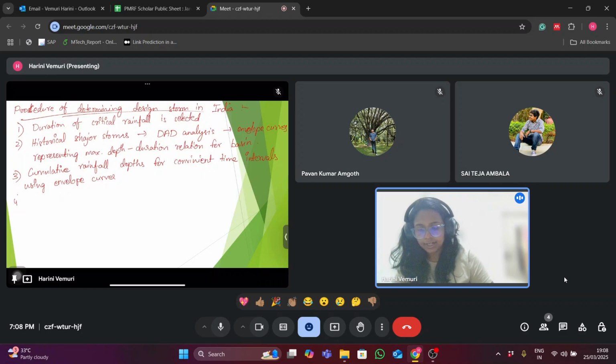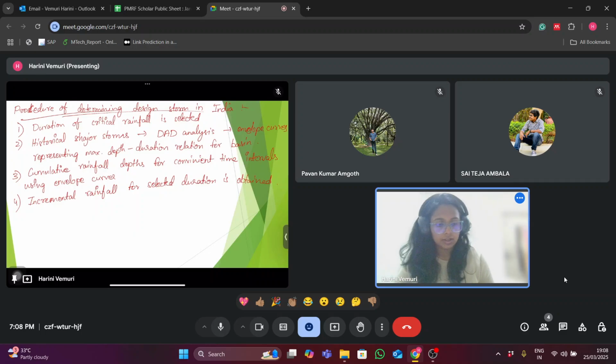Then we will arrange these rainfall values in incremental order for the selected duration, which are organized according to the ordinates of the relevant unit hydrograph.